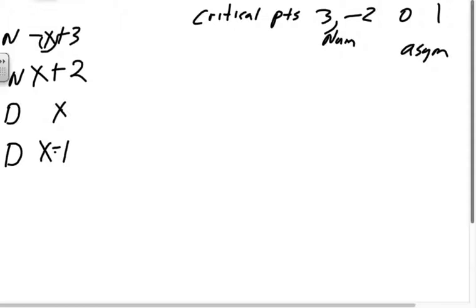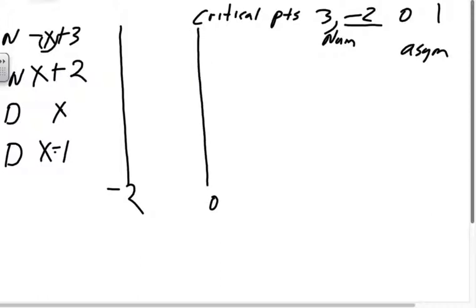I've run out of room on the top, so I'm going to put it down here. The leftmost point I have is a negative 2, so I'm going to put that down here. Then I go to 0, and you notice these really don't have to be to scale. Then I go to 1, and then I go to 3. So in this case, I'm going to have to test several intervals.